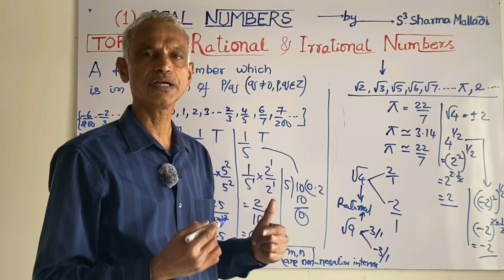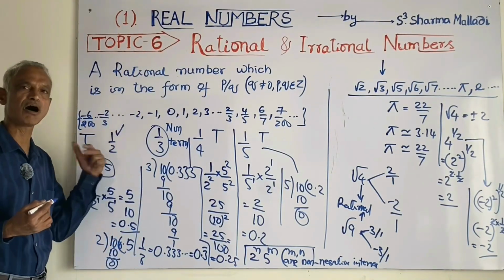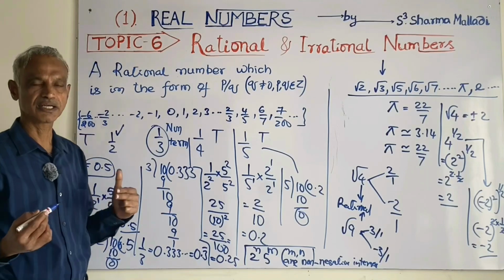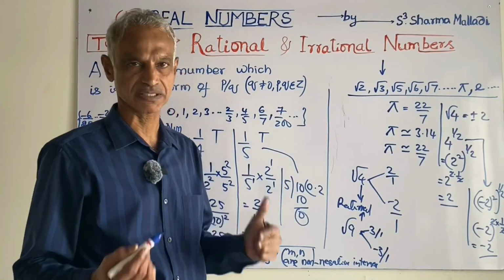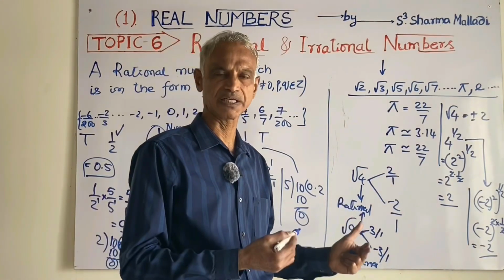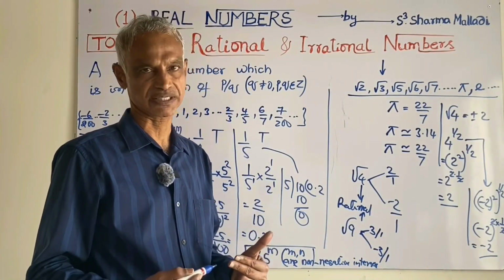If you observe 1 by 3 or 1 by 6, these are non-terminating repeating decimal expansion or recurring. Now I will take more examples which are terminating and non-terminating decimal expansions.